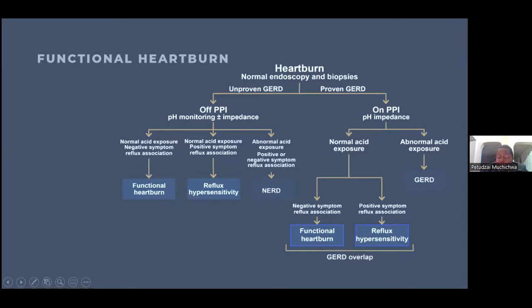And the ones on PPI with pH impedance who still have elevated acid exposure and are known to have had GERD before are classified as having refractory GERD. So that's how we try to distinguish between these categories.